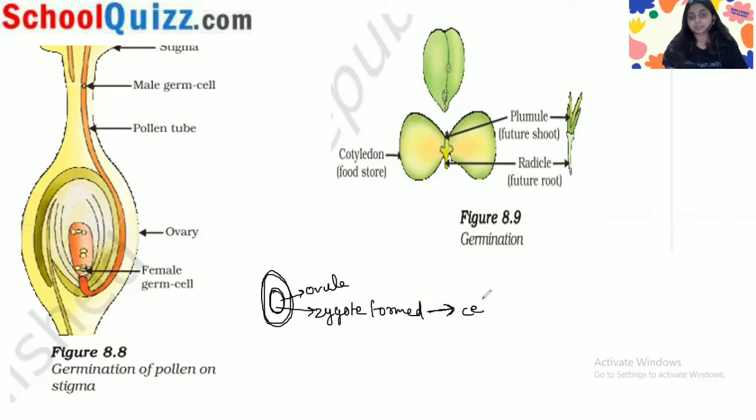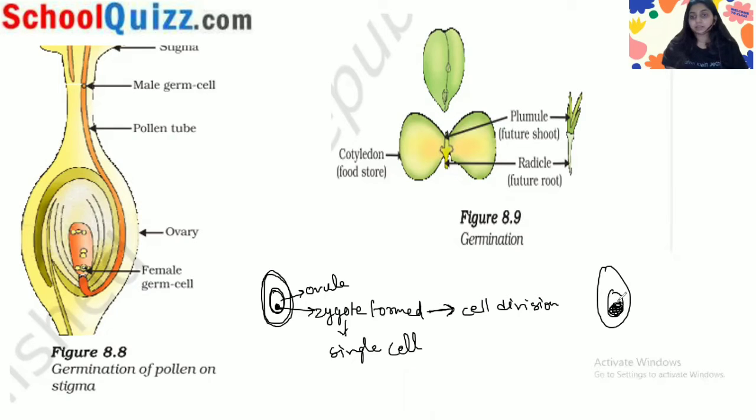Cell division happens. The zygote is a single cell, and when cell division happens, it grows like this. Here it is a zygote, and when cell division happens, it becomes like this.